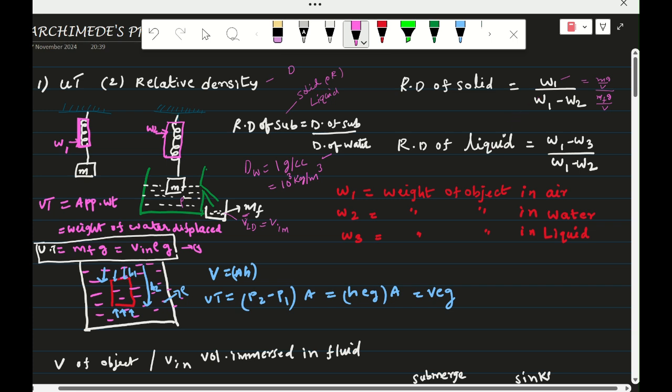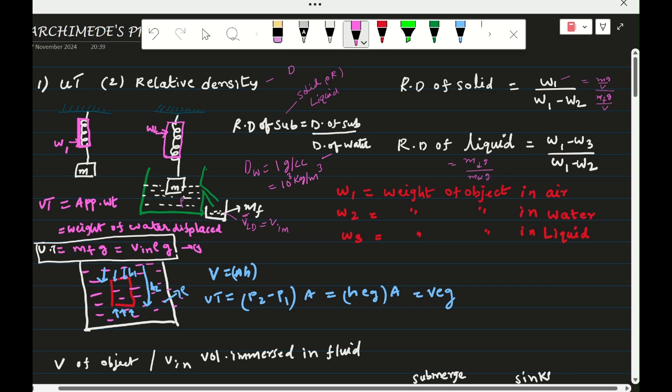So similarly, in place of water, we will take another liquid. Now whenever comparing the liquid, density of the liquid by density of the water. So to find out the density of the liquid here, I will find out the mass of the liquid displaced into g by mass of the water displaced into g.